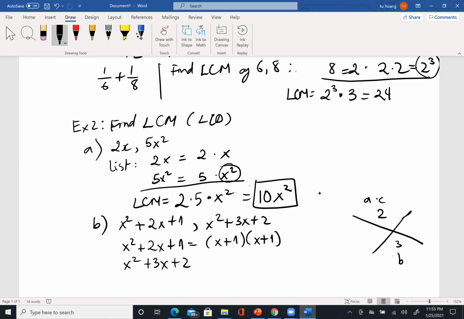Okay, so you need to look for two numbers whose multiplication is equal to 2 and addition equal to number 3. So now you have 2 and 1, right? And remember that in this case a equals 1, so I have x plus 2 times x plus 1.